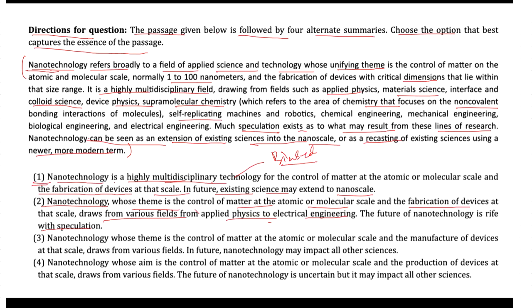So now look at option two. Option 2 says nanotechnology whose theme is the control of matter. So if I talk about option 2, it states what? Rife with speculation. Do you see that? Rife with speculation, isn't it? So that is what is pointed at the end of the sentence: the future of nanotechnology is rife with speculation.